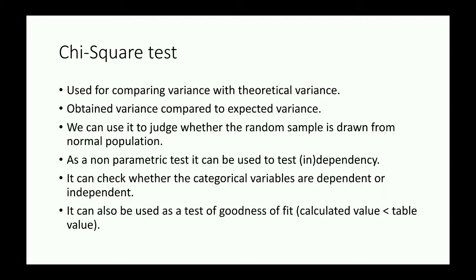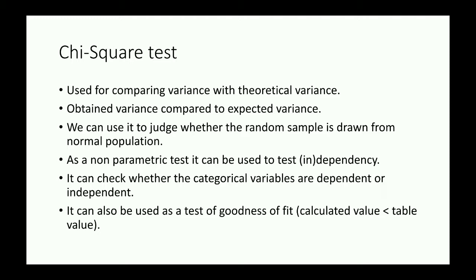Sometimes what you have to do is define a theoretical model and fit data in it. So you have to check whether this theoretical or conceptualized model is actually a goodness of fit or not, whether the concepts which you are aligning with each other are aligning with each other theoretically or not.